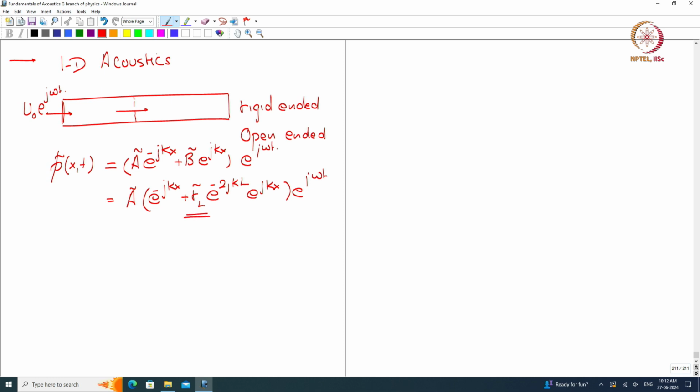This is the pressure reflection coefficient at x equal to L.